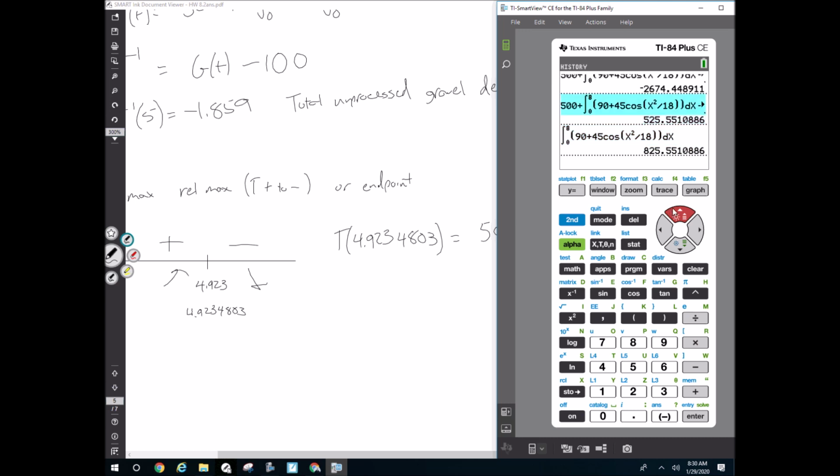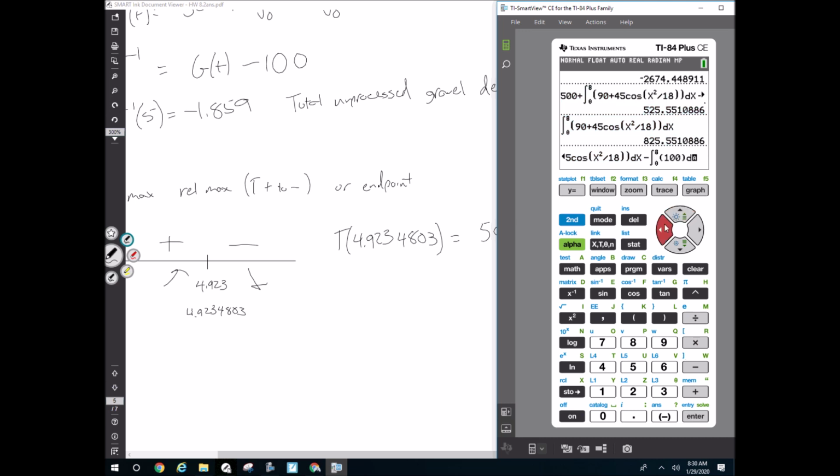Did it earlier, just with a different value. So 500 plus the integral from 0 to 4.9234803. I found the total amount at the other endpoint. I know that's going to be less, 525. It's going to be less than this value, guaranteed because I've done an analysis of the signs of my derivative.